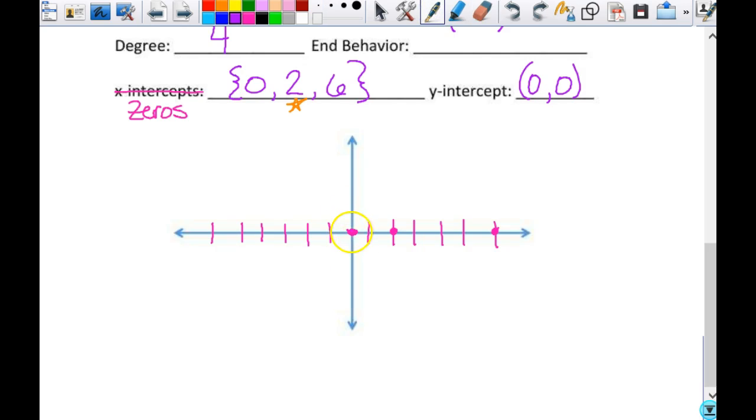When it comes down, it's going to come down and then have to come back up to 2, but it's going to bounce off and have to come back down. Does that make sense? Do I know how far it comes back down? No, and then it comes back up. It's hard to get the right angle.